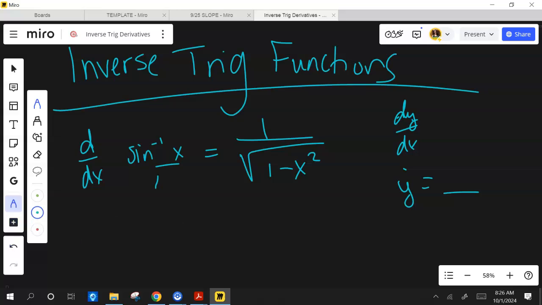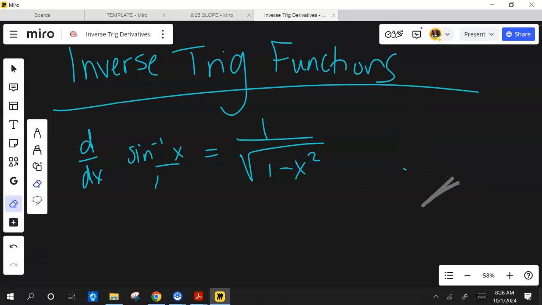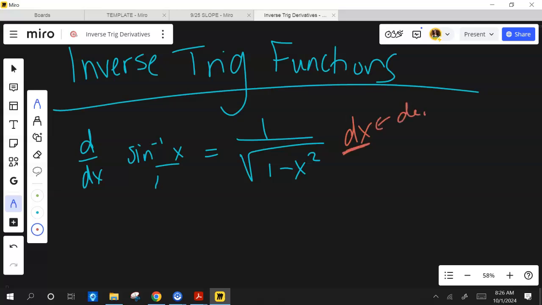When you look at these, the only thing I'm going to tell you when you plug into these is you have to follow this with a dx, and whenever I say dx, the derivative of x. This is derivative. In other words, it's your chain rule.